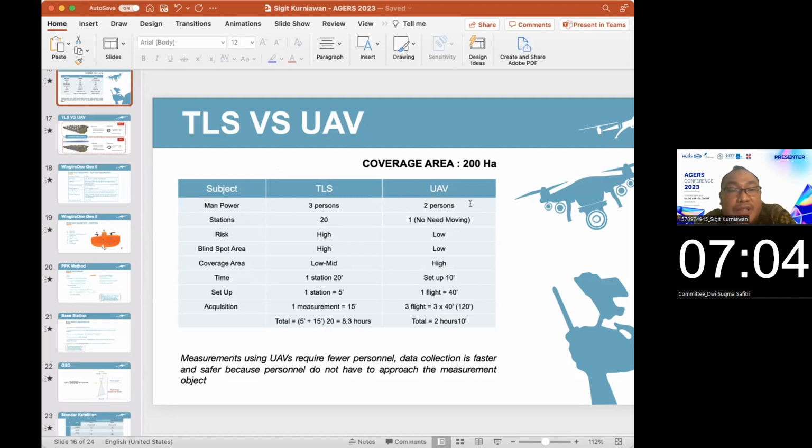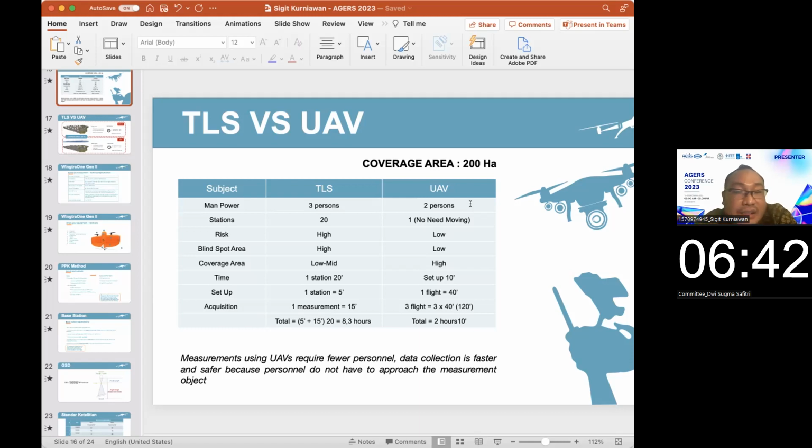And for stations, in this study we needed 20 stations, 20 equipment moves, but with UAV we only need 1 station and no need for moving.